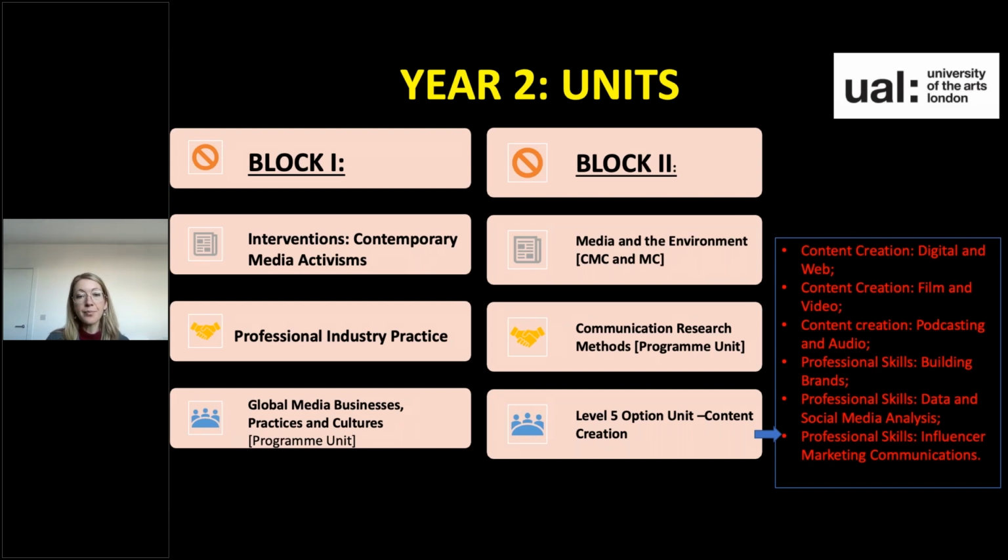Then you've got the option units, level 5 option units, which are focusing around content creation. Content creation, as you can see here, refers to digital and web, film and video, podcasting and audio, building brands, data and social media analysis, and influencer marketing communication. So you can choose one of these, okay?